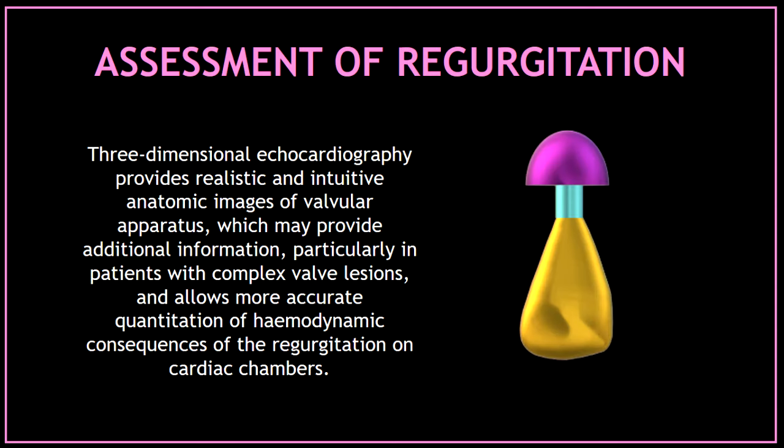Three-dimensional echocardiography provides realistic and intuitive anatomic images of the valvular apparatus, which may provide additional information, particularly in patients with complex valve lesions, and allows more accurate quantification of hemodynamic consequences of the regurgitation on cardiac chambers.